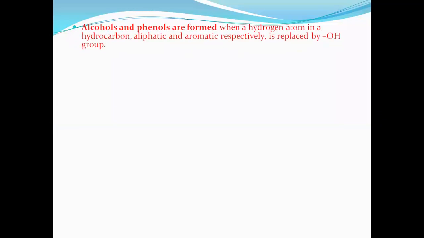First of all, we have to study what are alcohols, phenols, and ethers. Alcohols and phenols are formed when a hydrogen atom in a hydrocarbon, such as aliphatic or aromatic, is replaced by an OH group.